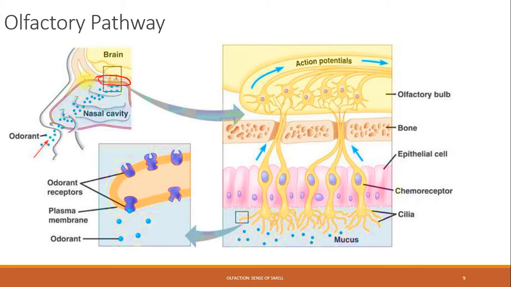In this cribriform plate there are foramina, that is, holes, through which the nerves of these olfactory neurons project to the olfactory bulb. This olfactory bulb is present at the base of the brain. This part here is the base of the brain, and you will find the olfactory bulb there.